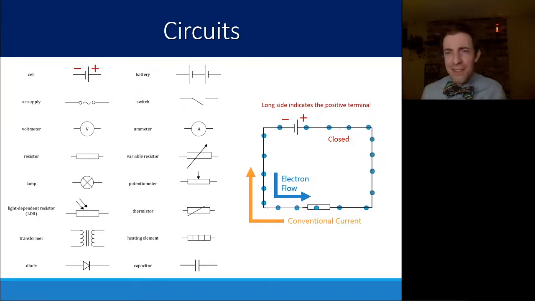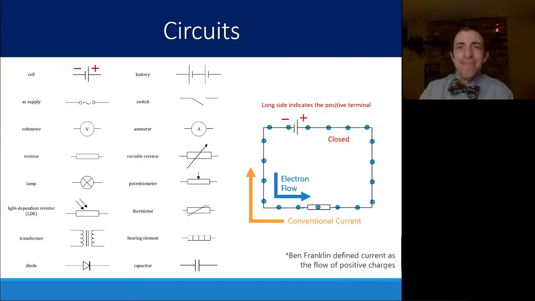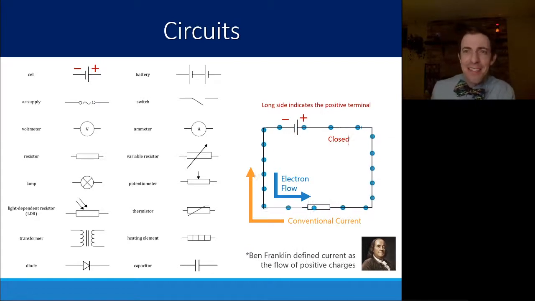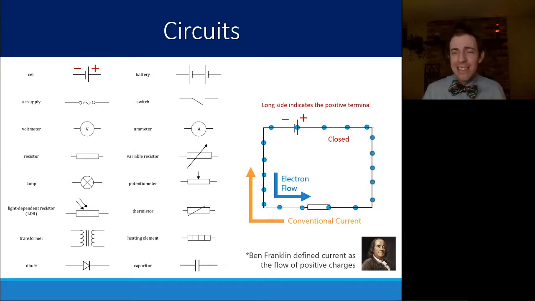We talked in the last video that the positive charges don't flow. They're stuck in the nucleus of the atom. But Ben Franklin thought that they were the things that flowed, so he defined current as the direction of flow of the positive charges. And that's been baked into the nomenclature and definitions of circuitry and understanding of electricity since then.